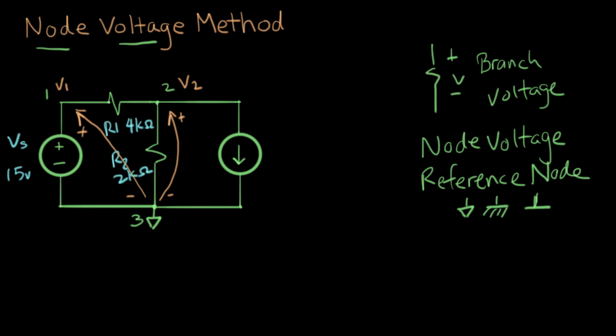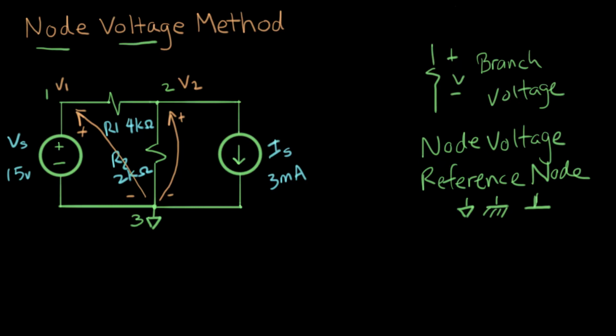This is the same circuit that we analyzed when we did application of the fundamental laws in another video. Oh, and the last one here, current source IS, we'll make that 3 milliamps. We've analyzed this circuit before.